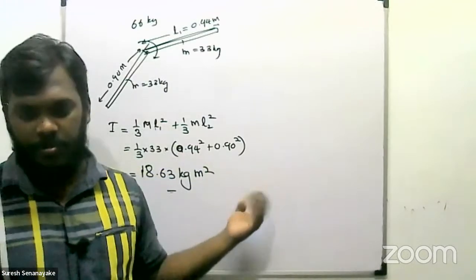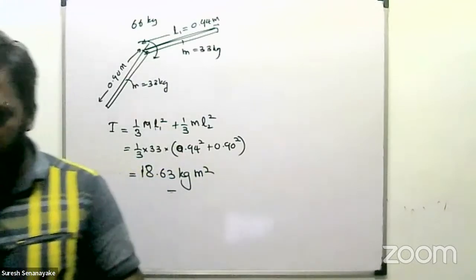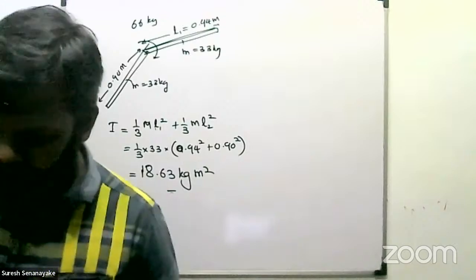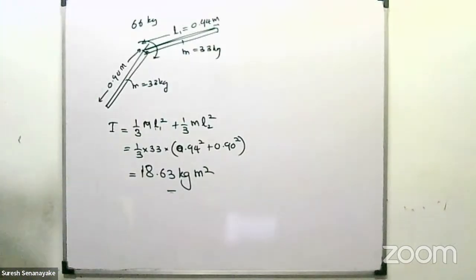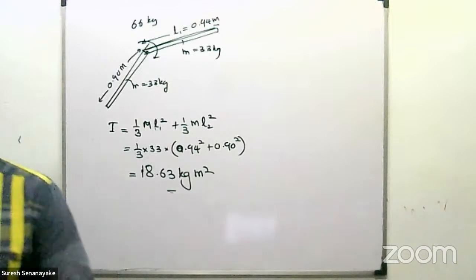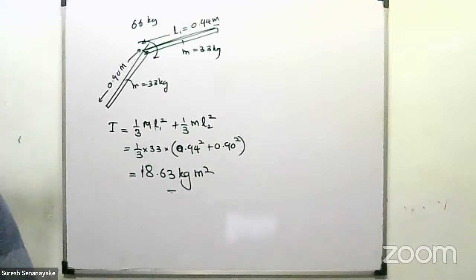So that's the reason for this. Okay, you can write there. The answer is: the mass distribution of a human body is not uniform. The uneven mass distribution is the reason for this difference.